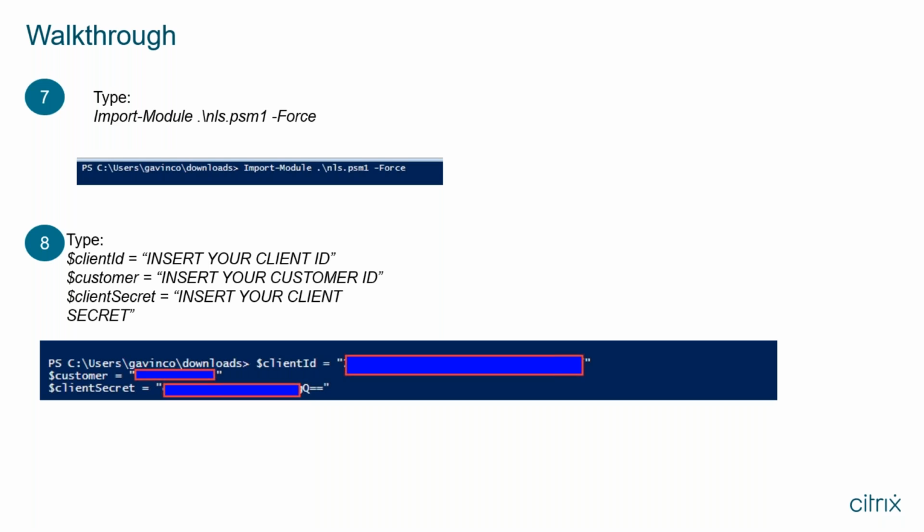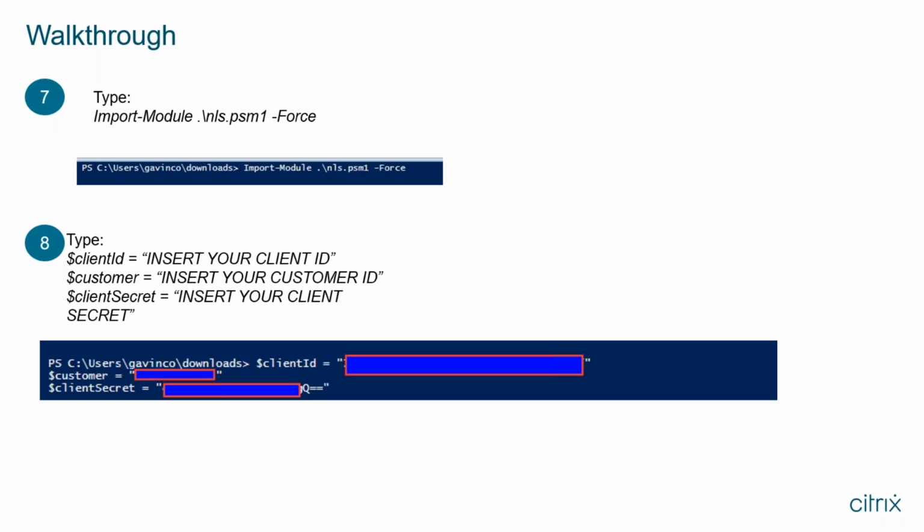So the first thing that we need to do is, of course, navigate to wherever we host that PowerShell script, and import that module. So we run the import-module nls.psm1 command, and once that's successful, then we can populate that script with our attributes here.